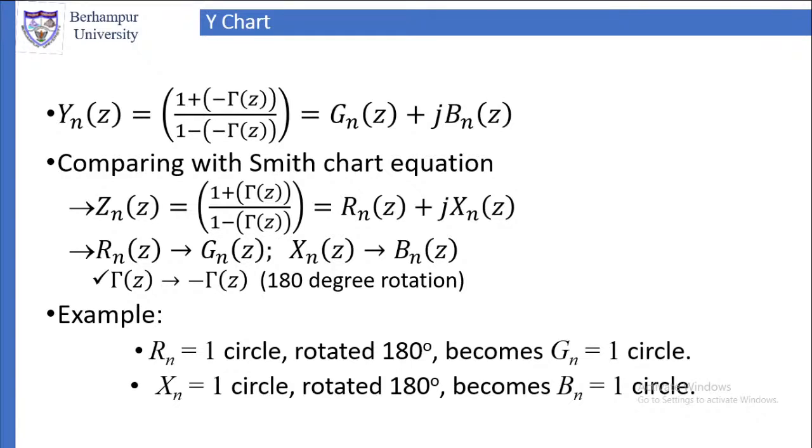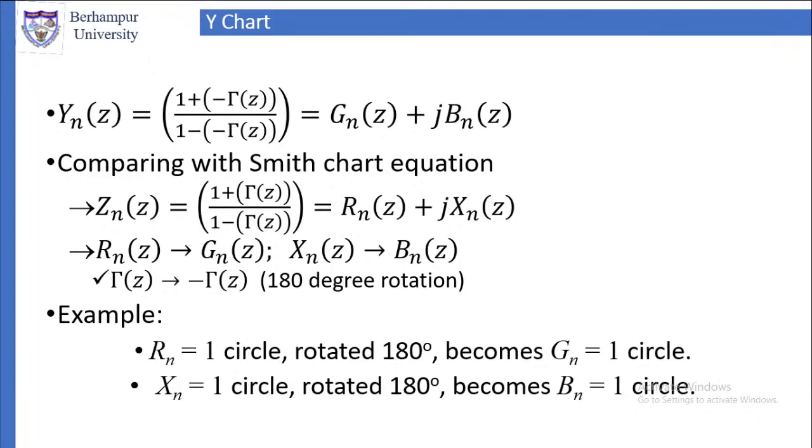Therefore, Rn is mapped to Gn, Xn is mapped to Bn, and gamma is mapped to minus gamma, which is a 180 degree rotation. So if you rotate the Smith chart by 180 degrees, that gives us a Y chart. For example, the Rn is equal to 1 circle, rotated by 180 degrees, becomes the Gn is equal to 1 circle.